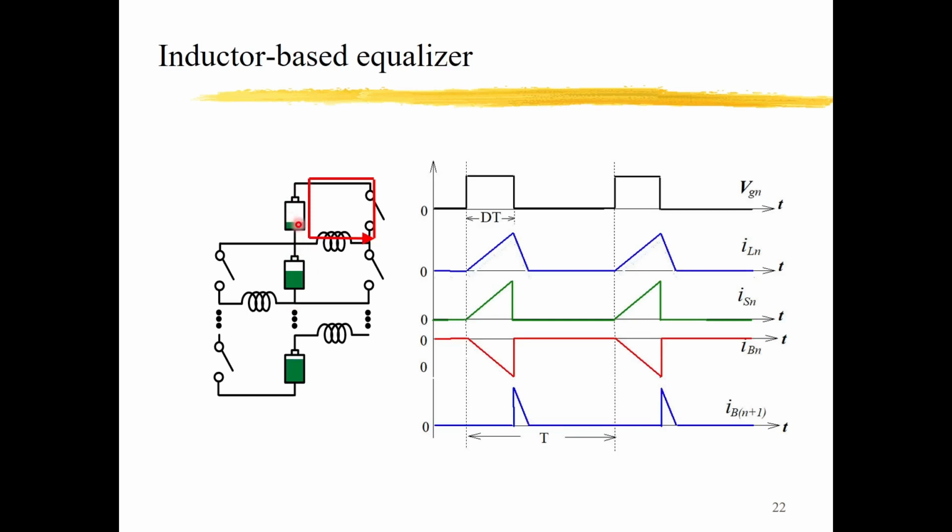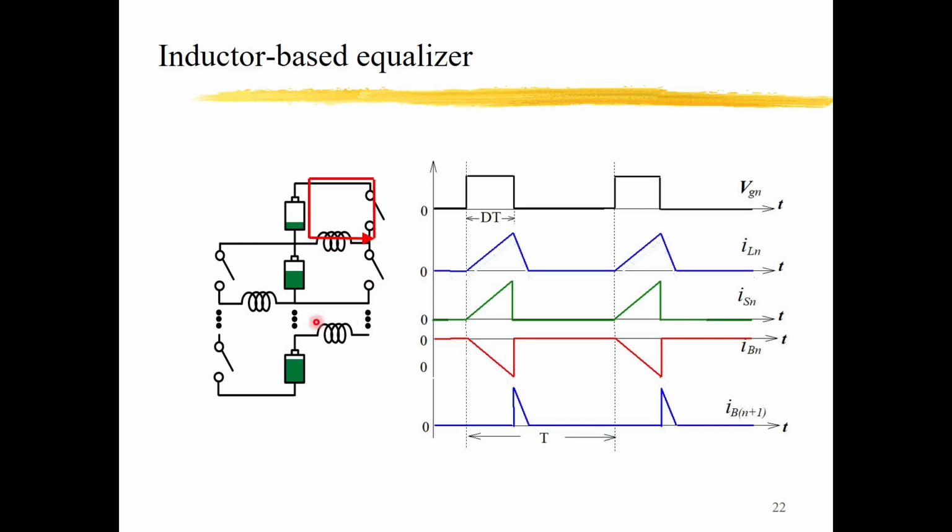So we can transfer energy from this battery to the upper battery. Of course, in this method, we have to know the SOC of each cell and decide which switch to operate first. The sequence of the switches will decide the current direction, and will decide the energy transport direction.